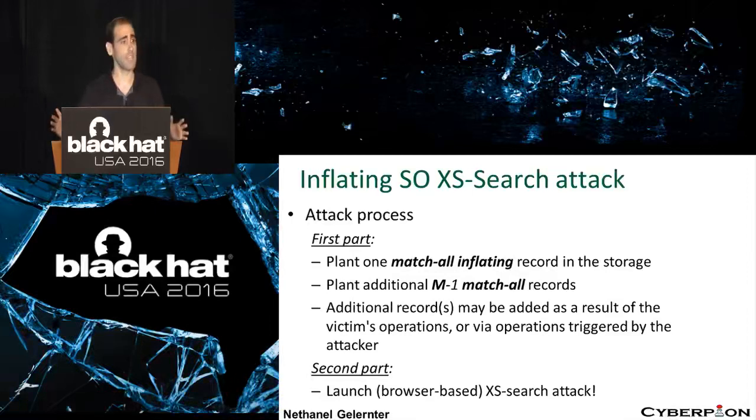In the second part of the attack, the attacker will just launch a browser-based cross-site search attack and will effectively extract the secret. And now I will explain why this attack works.